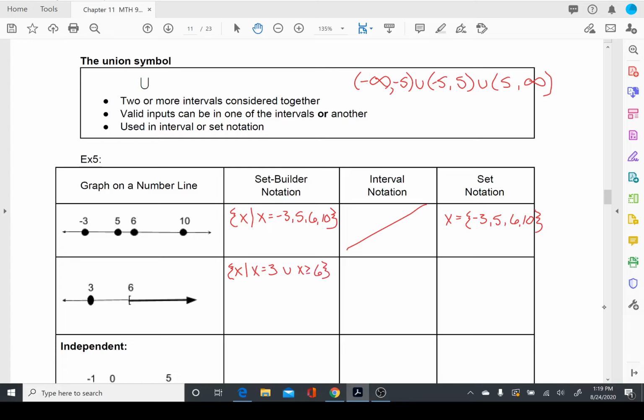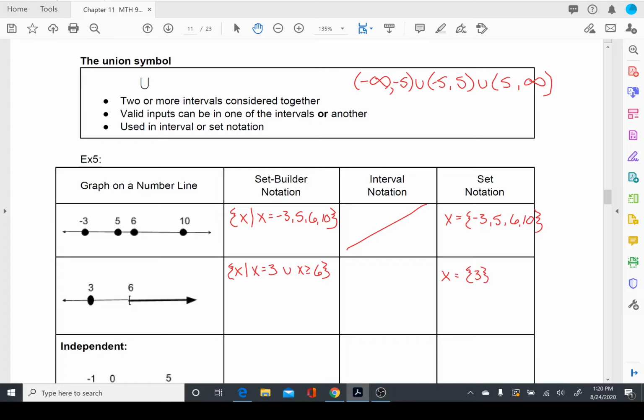Great. Now what we can do is describe this next one in set notation. And with set notation, we'll say that x equals 3, just as a point.